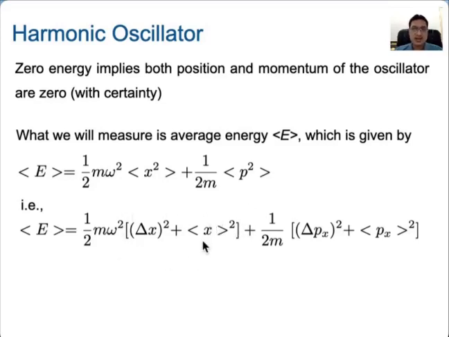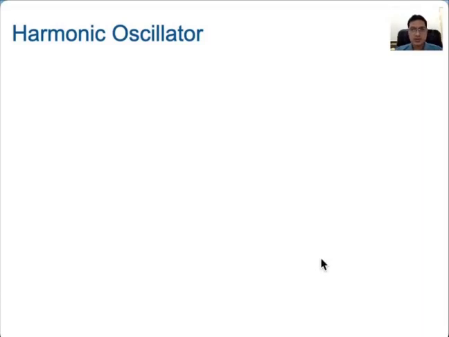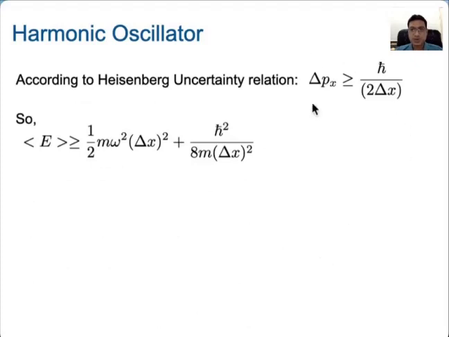As I said, the average value of your displacement and average value of your momentum is 0, so this average value can be written as this one. Now I can use the uncertainty relation between delta p and delta x, and combine them to get one relation. So this is the definition of my delta p in terms of delta x.